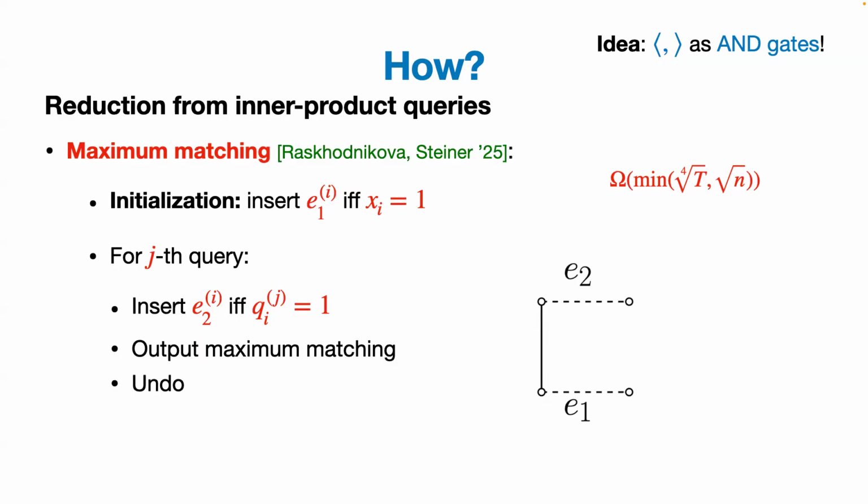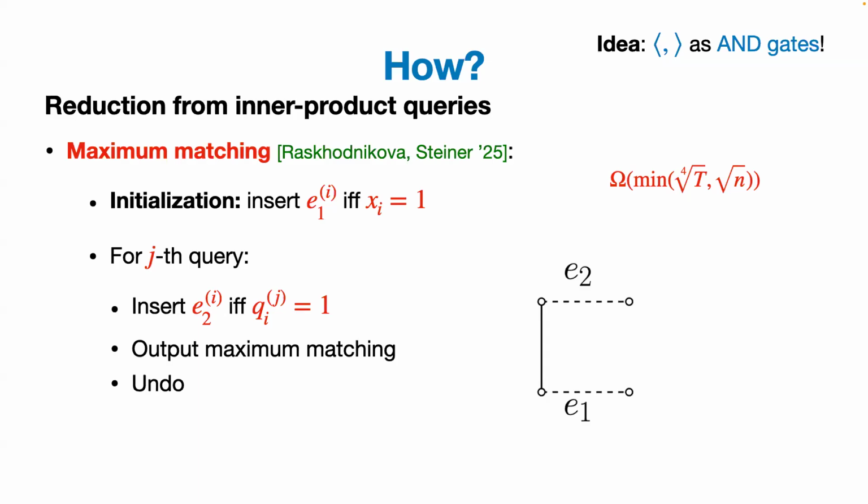So if we just add that E1 in the beginning, and for each one of the queries, we put E2 if the query bit is 1, and we take the size of the maximum matching and subtract 1, we will have this AND gate simulated. So for the reduction overall, we can just have one of these gadgets for each one of the D entries.